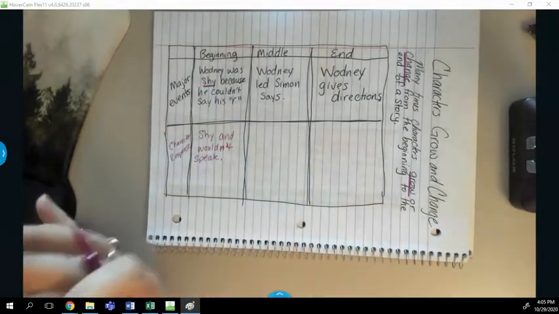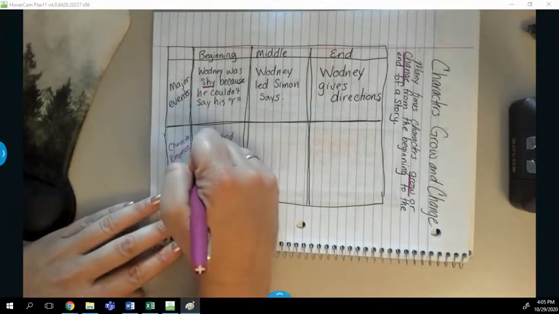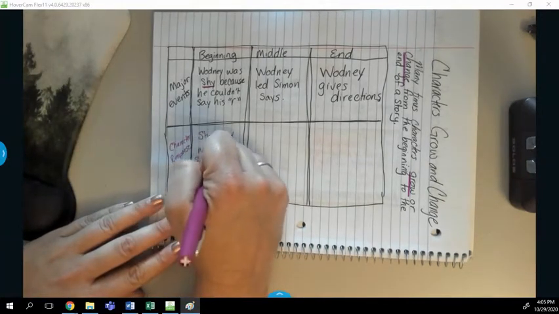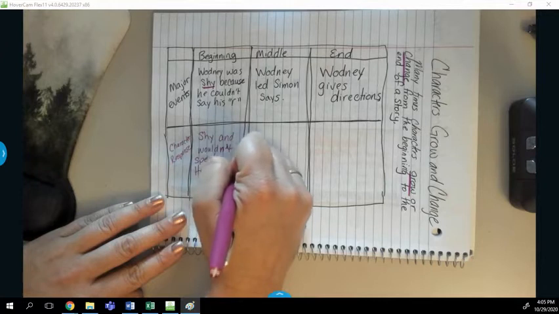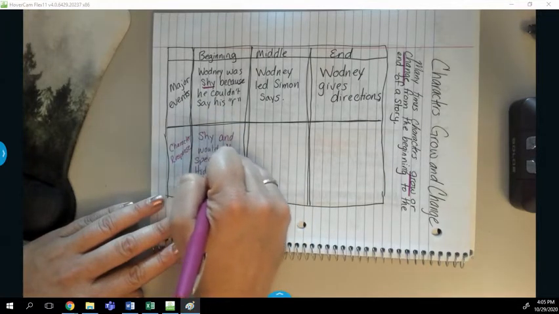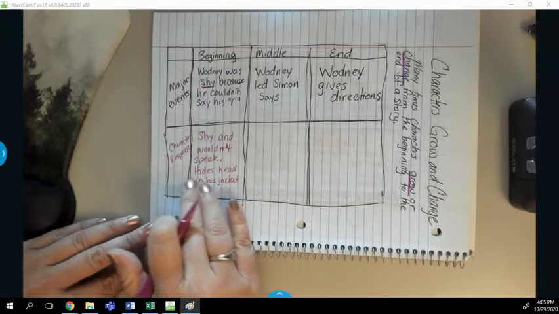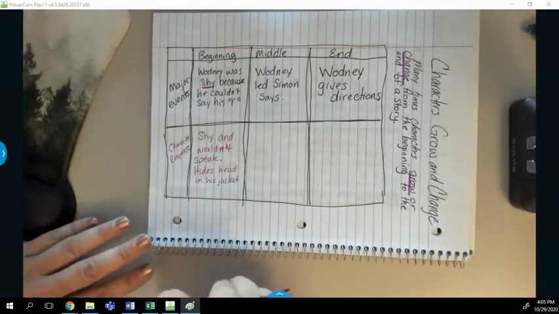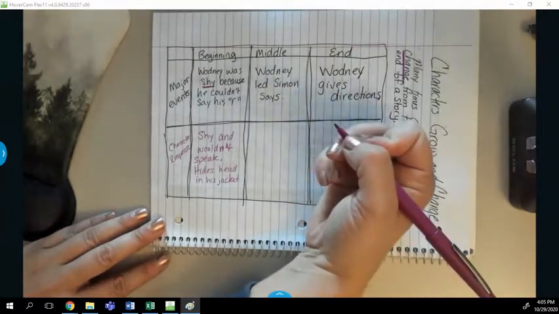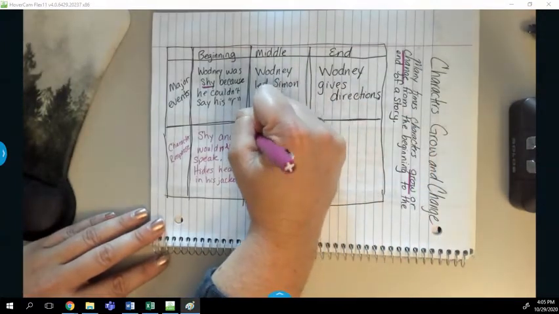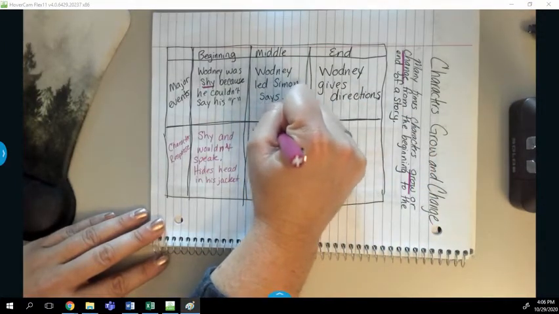And if you noticed in the pictures for Wadney Wat, Wadney also hides his head in his jacket. Okay. Then we have Wadney leading Simon Says. And when he starts leading Simon Says, Wadney barely can be heard.